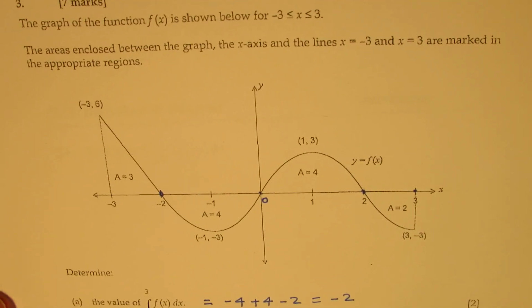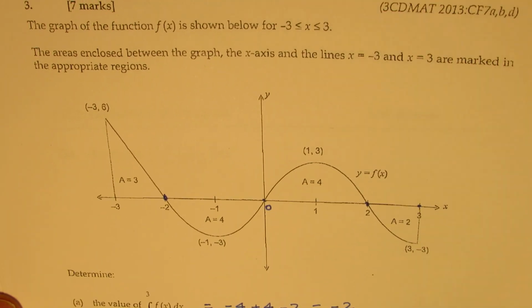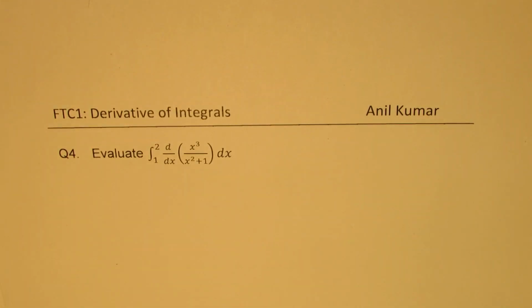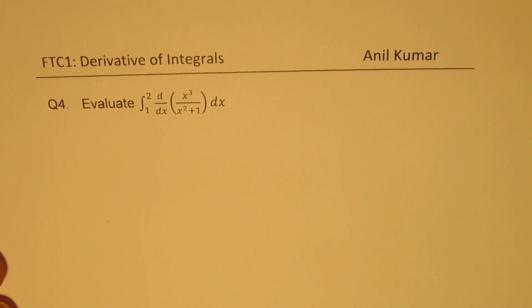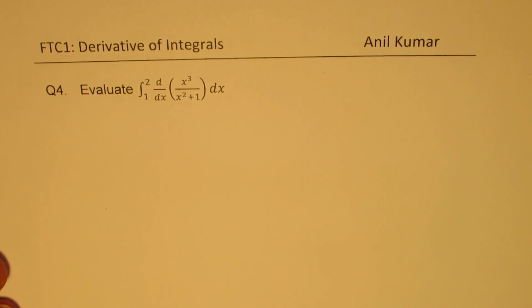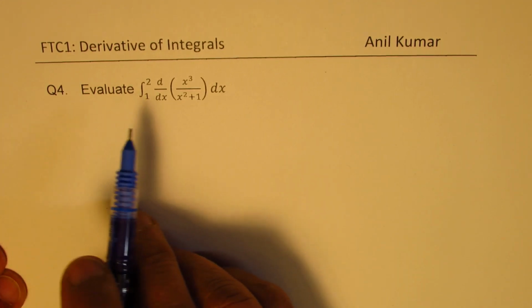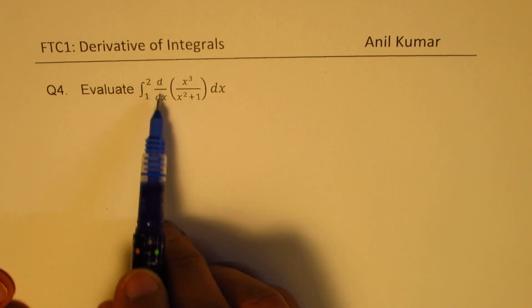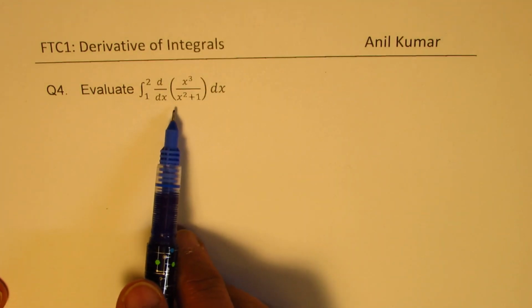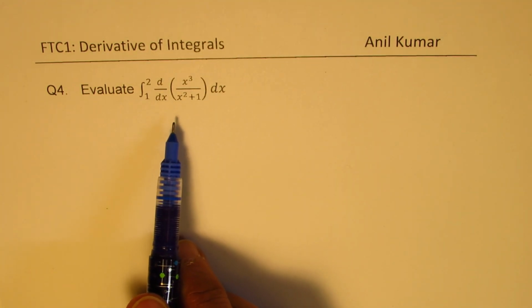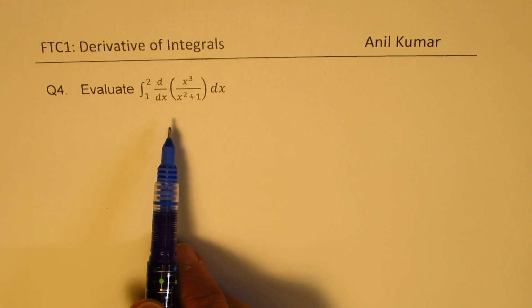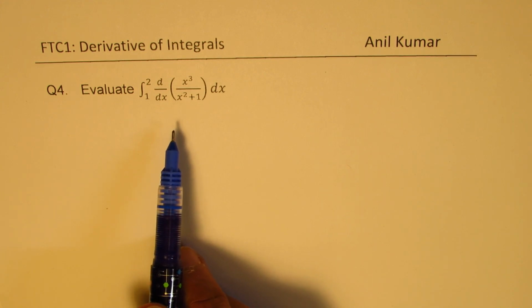Now let's take up the next question, which is based on the fundamental theorem of calculus. Here we need to evaluate the integral from 1 to 2 of d dx of x cubed over x squared plus 1. In this particular case, what are we going to do?